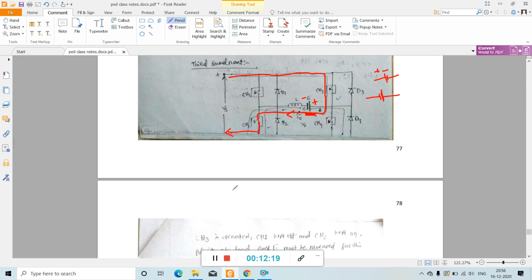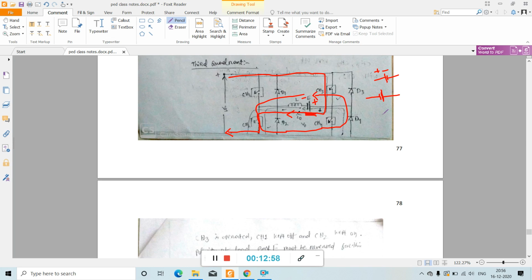When chopper 3 is turned off, negative current freewheels through chopper 2 and diode D4. So how does the negative current freewheel? It freewheels like this: this is the path through chopper 2, and this is the path through D4, and this is the freewheeling direction of the current when chopper 3 is off.